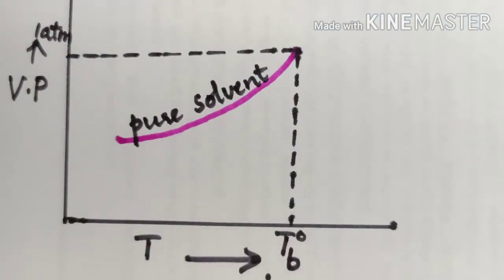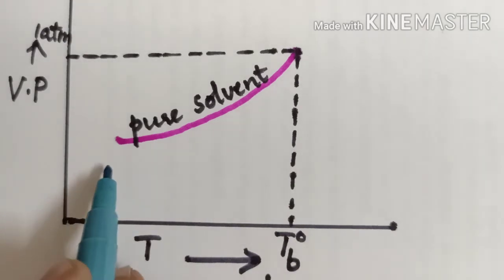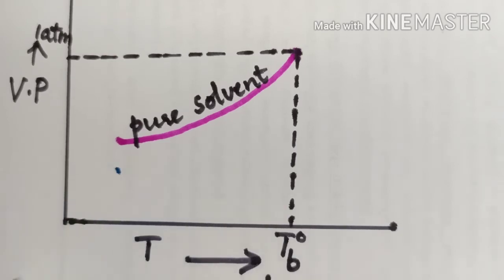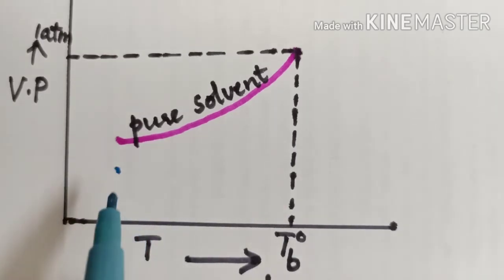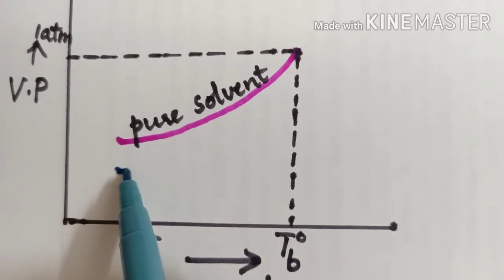We have seen earlier that on addition of salt, the amount of vapors in the solution will decrease considerably. As a result, you find that the vapor pressure decreases. So then, if you are taking the salt solution, the vapor pressure of the solution is always less than that of the pure solvent. And when we heat the solution, you find that vapors will increase.